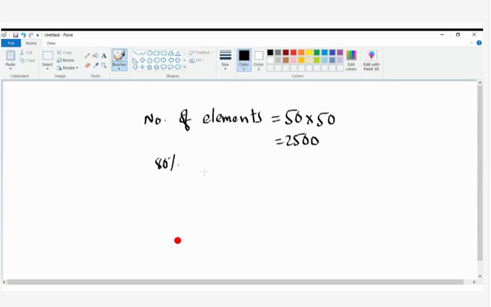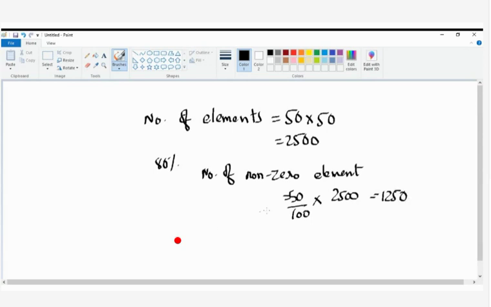But let's go with 50%, right? So when you're going with 50%, the number of non-zero elements would be 50 by 100 into 2500. That would be 1250, right? Out of this, 50 are diagonal elements, right?